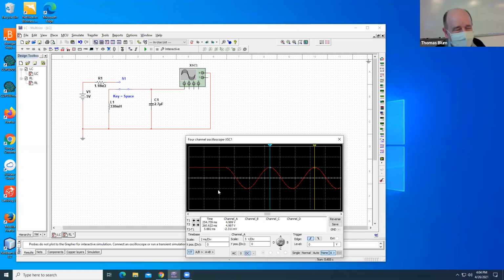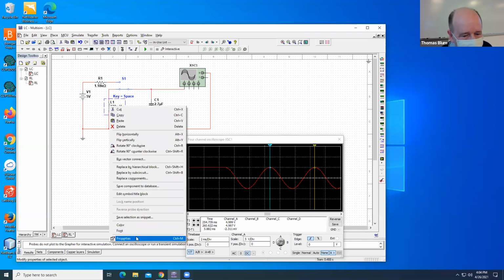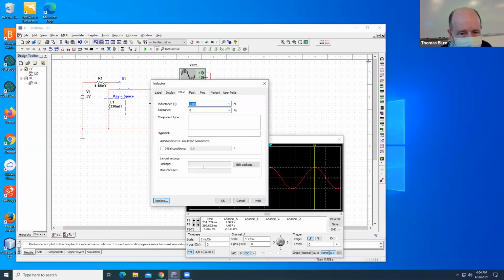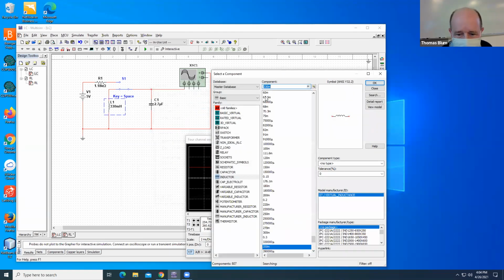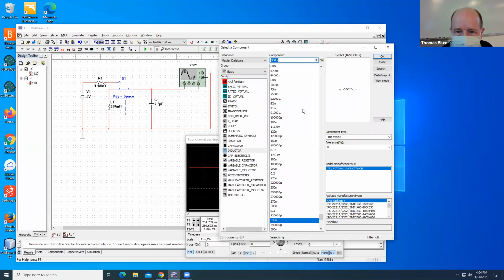Let's show you what happens. So I made this 300 millihenries. Let me make that much smaller. Let's replace it with a much smaller value, let's say 15 millihenries.